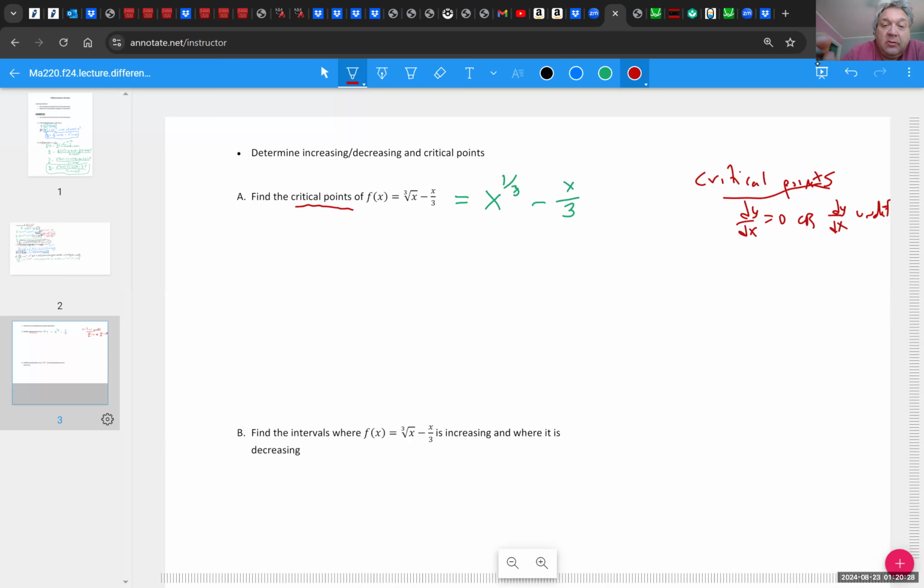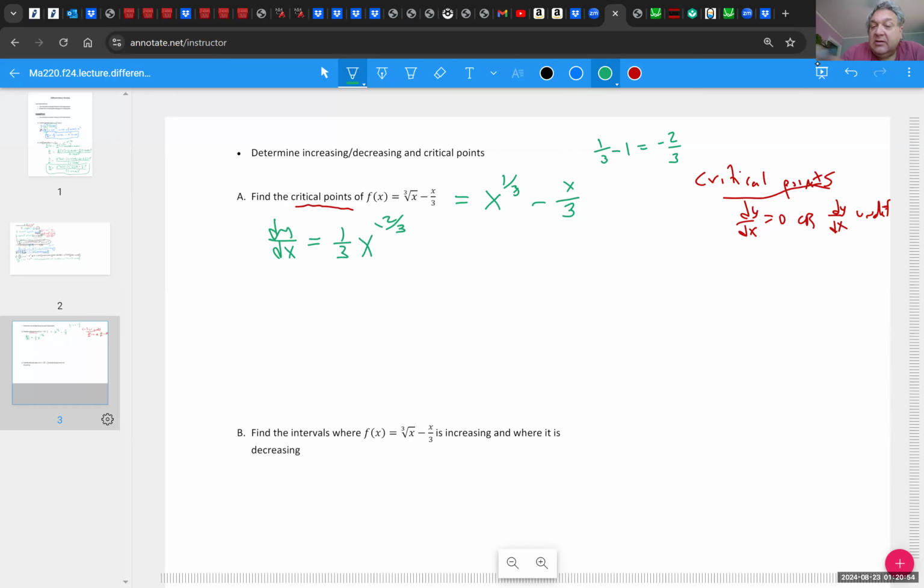All right, so let's go ahead and find the derivative here. This one's pretty straightforward. X to the 1/3 has a derivative of 1/3 times x to the 1/3 minus 1, which is negative 2/3. You can check that if that's not immediately clear. So I subtract 1 off the exponent.